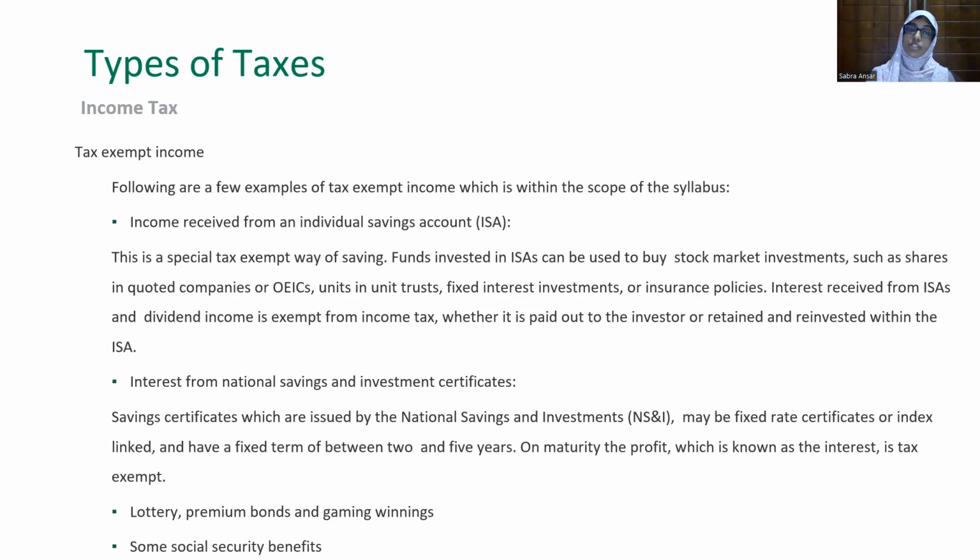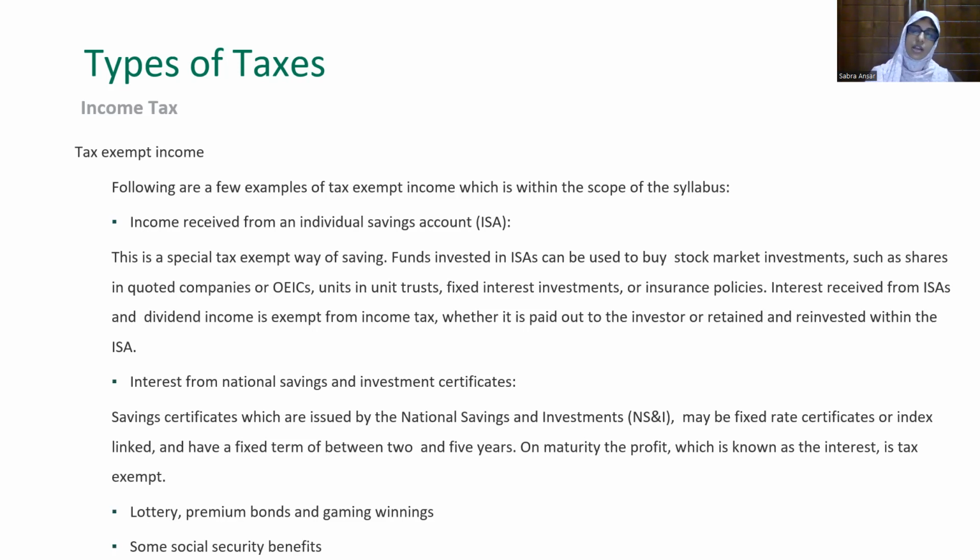And interest from National Savings and Investment certificates, such as the savings certificates issued by National Savings and Investments, NS&I, may be fixed rate certificates, or they could even be index linked or have a fixed term, like between 2 and 5 years, and there is some kind of maturity profit that you get from it.